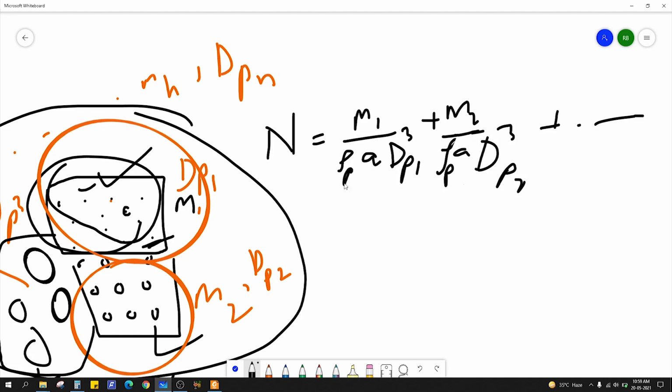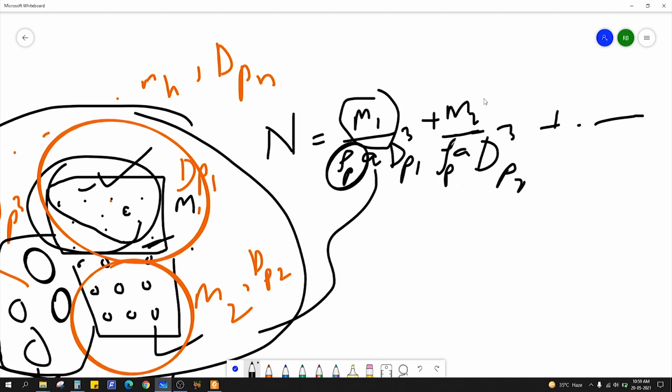The density of the particles will be the same in all the samples. Again, the volume shape factor will also be the same. Only the average particle diameter and the mass of each sample will be different.